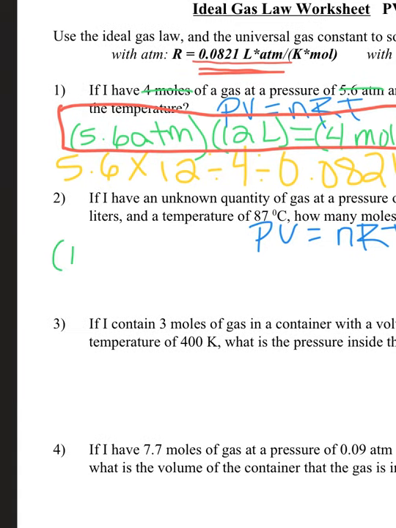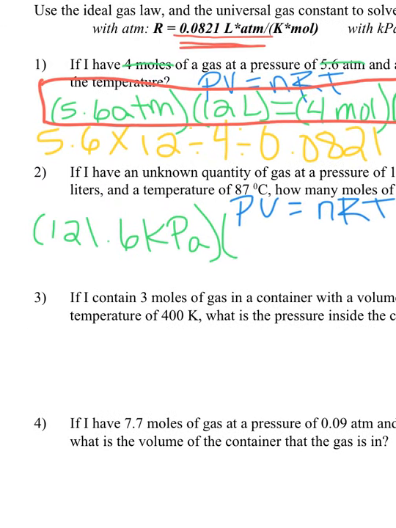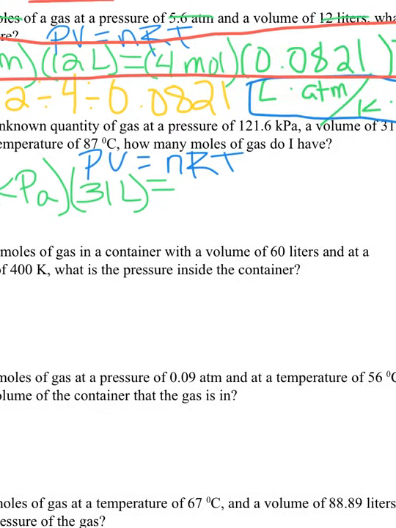So I have 121.6 kilopascals. And then what about volume? A volume of 31 liters. There it is, pretty explicit. 31 liters, and we have a temperature of 87 degrees Celsius.